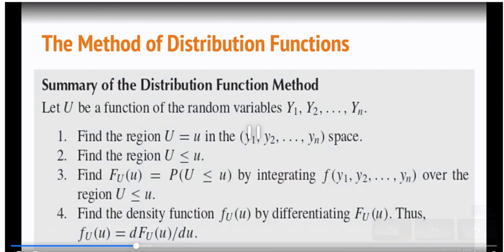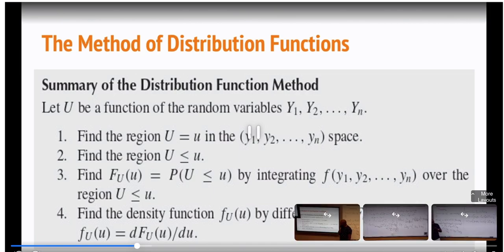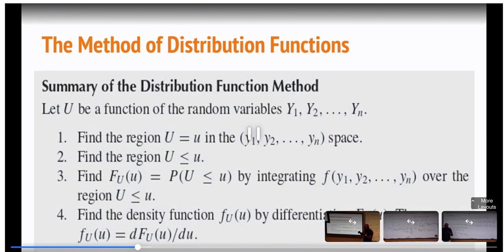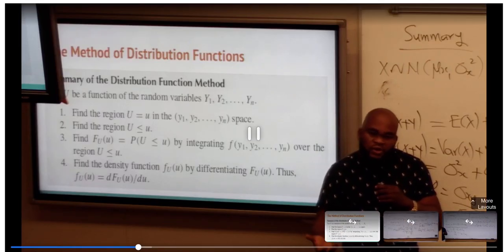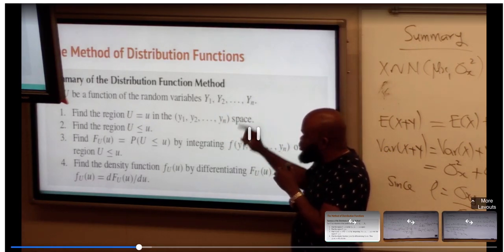Now, let's discuss the method of distribution function, and I need you to pay attention. Let U be a function of the random variables Y1 up to Yn. Now, take a look at this. The original variable could be more than one variable. The original variables that I have are Y1, Y2 up to Yn.